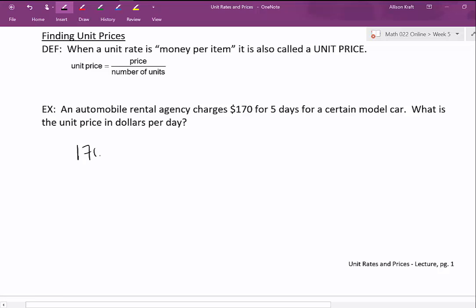That's $170 divided by 5 days. We force the division here. We actually divide the numerator by the denominator, and that's going to give us $34 per day.